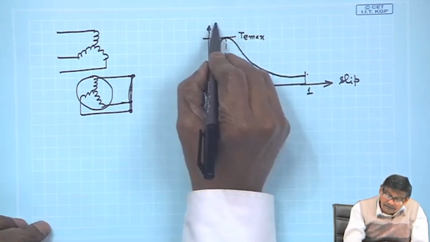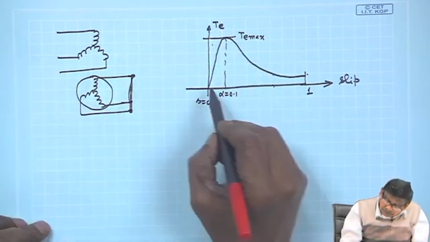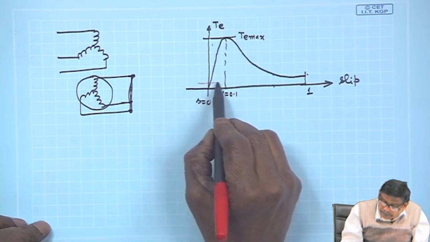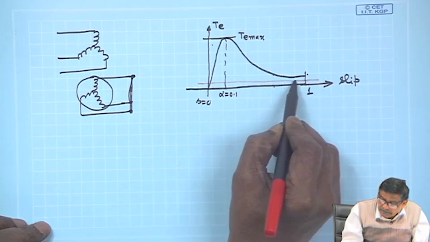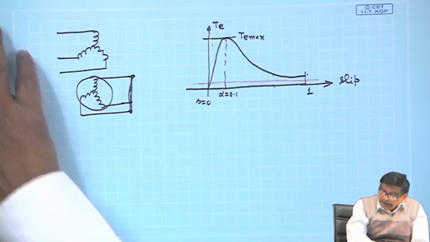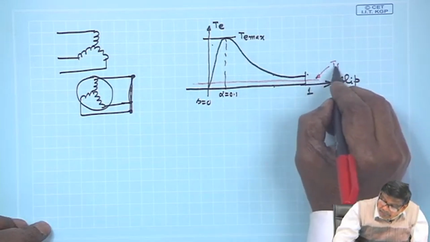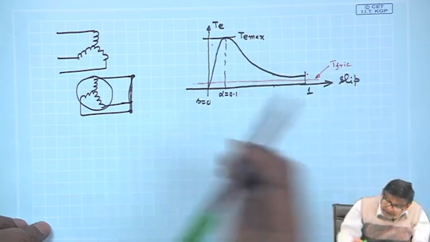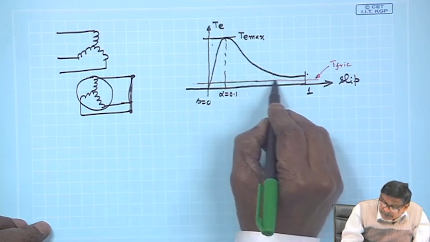This is T. For example, suppose on the shaft of the machine there is a small frictional torque present. This is T friction. This line is T friction.